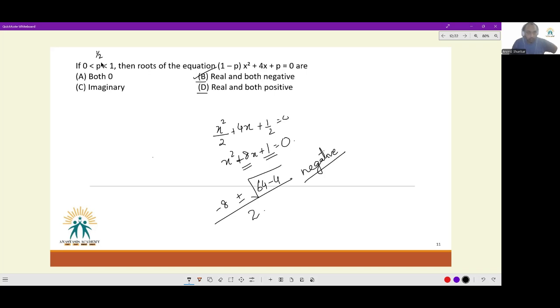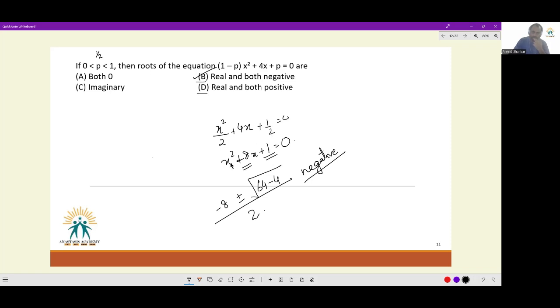I've taken p as half. So 1 minus p will give me half. This will also give me half. So this will become 2x square plus 8x plus 1 is equal to 0. Half and half.